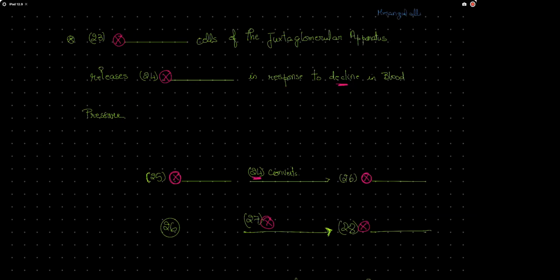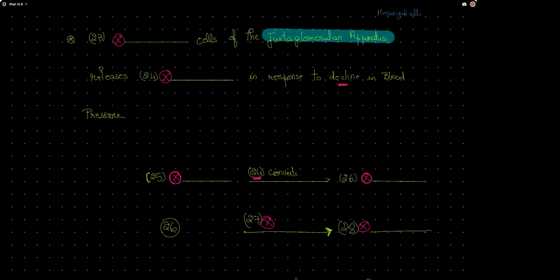So whenever I have a decline in the blood pressure, I've got part of the kidney that is called, if you remember, the juxtaglomerular apparatus. And the juxtaglomerular apparatus was formed of three types of cells.